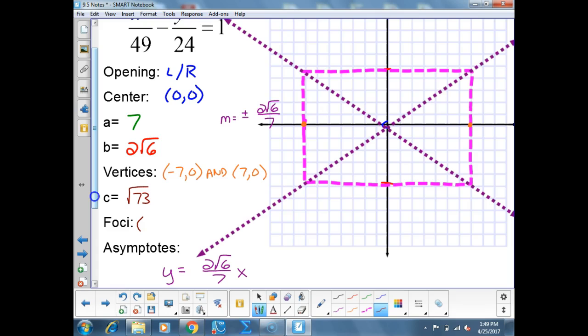That would put my foci here and down here, right? Well, what's wrong with that? It's a left and a right one, right? Okay. So wouldn't my foci be at negative square root of 73, comma 0 and the square root of 73, comma 0? Which the square root of 73 is 8.5-ish, somewhere in that range. Puts it there and there.